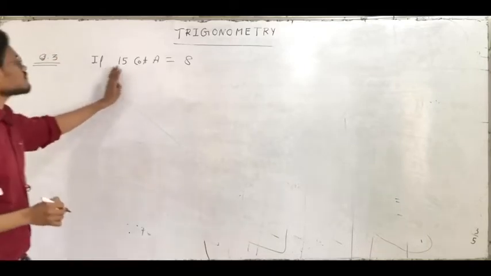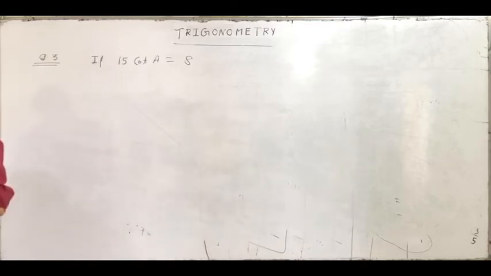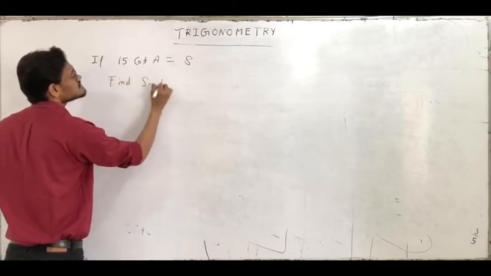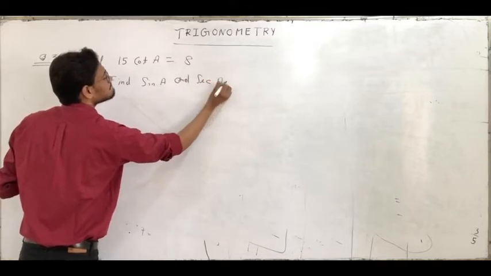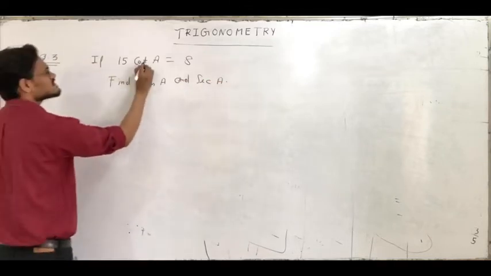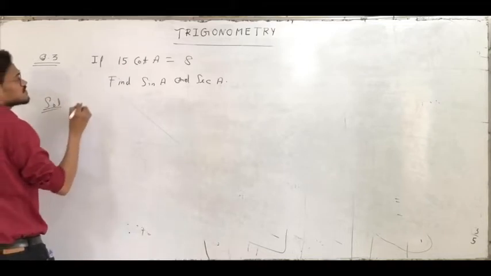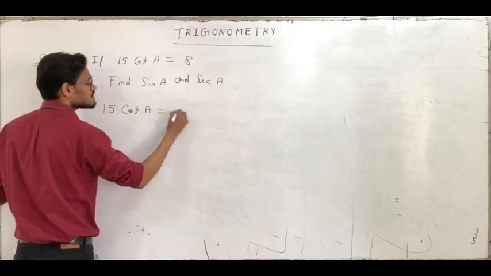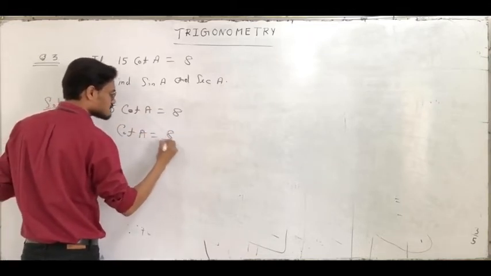If 15 cot A is equal to 8, we have to find sin A and sec A. Again, it's a similar kind of question, not a big deal. Solution: 15 cot A is 8, that means cot A is equal to 8 by 15.